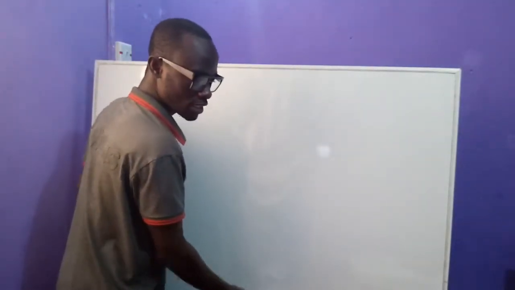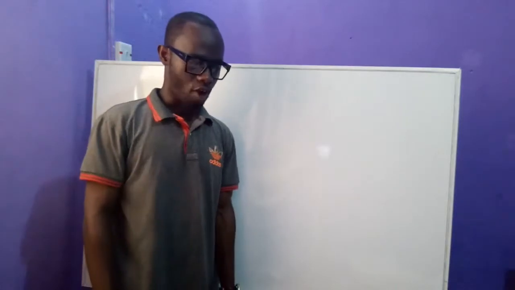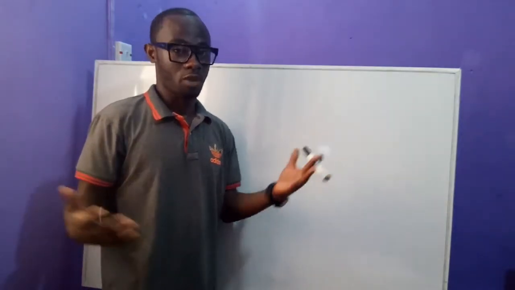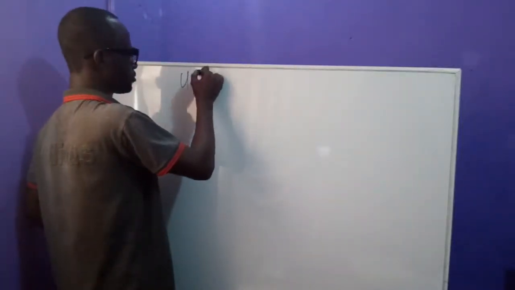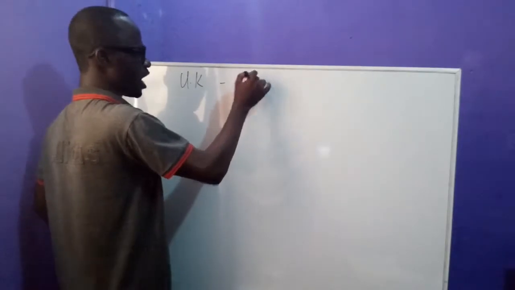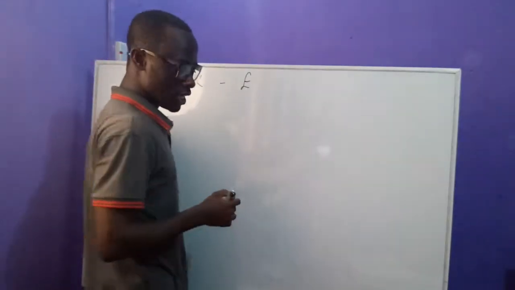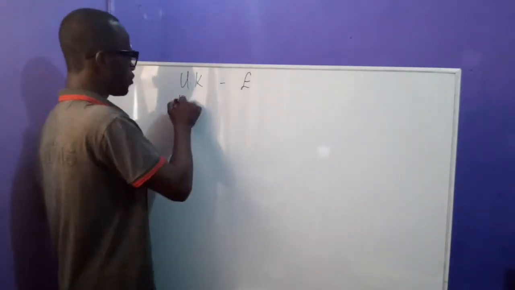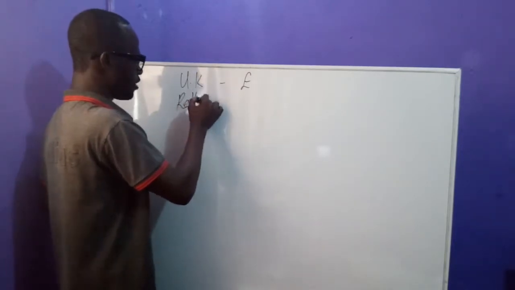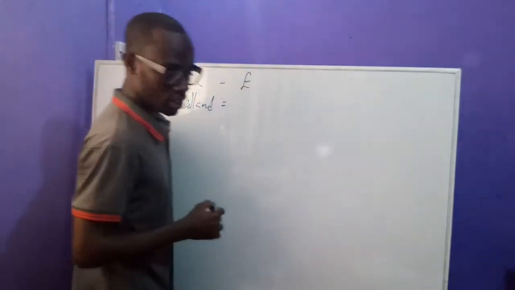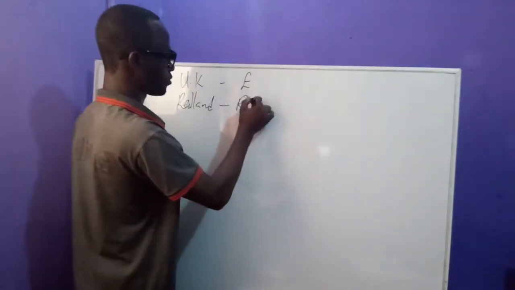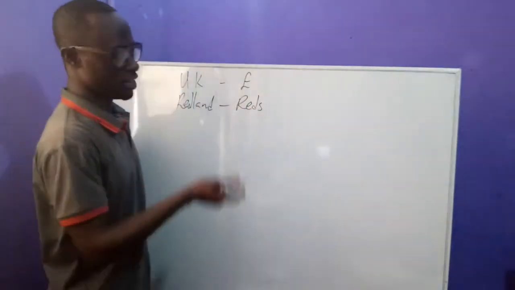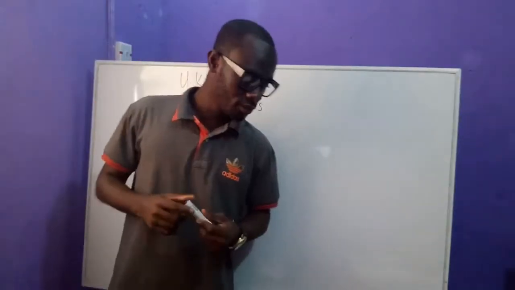So Bulldog Limited is a UK company. That means we are assuming that we are in the UK, and they buy goods from Redland. So we are in the UK, and certainly if we are in the UK, our currency is going to be the pound, and we are buying from a company in Redland when their currency is the reds.